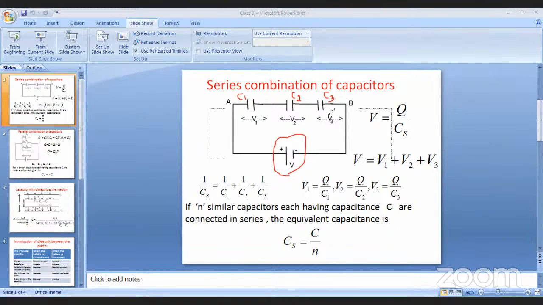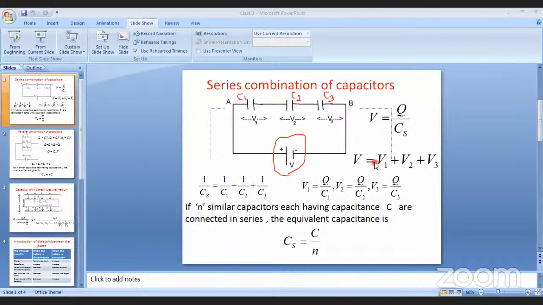So the total potential V is given by V1 plus V2 plus V3. The total potential supplied by this battery is V1 plus V2 plus V3, and V1, V2, V3 are the potential drops across the individual capacitors.